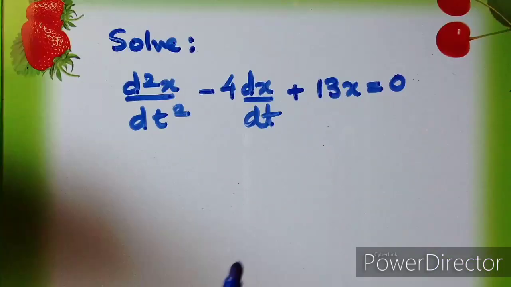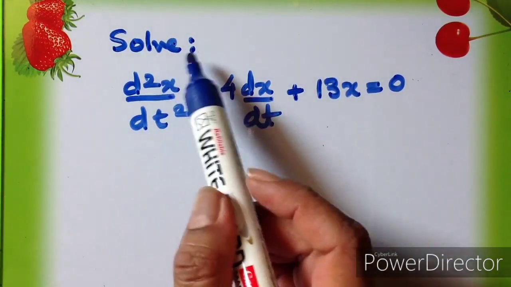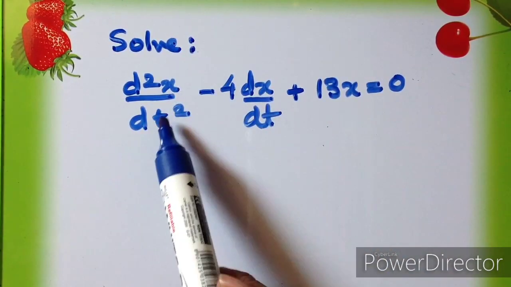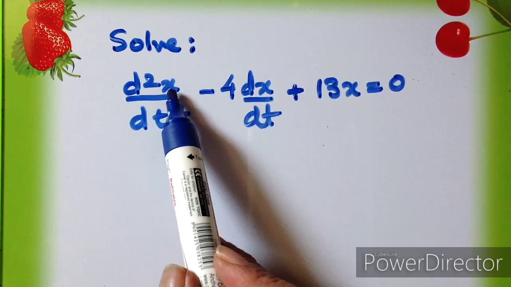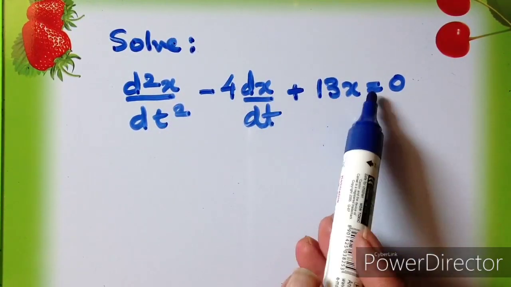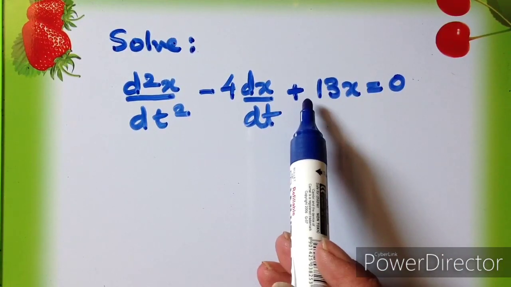Now we will see the solution of a linear differential equation. The equation which is given to us is d2x by dt square minus 4 dx by dt plus 13x is equal to 0.